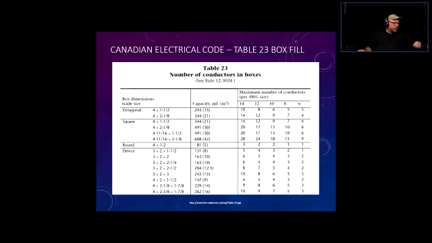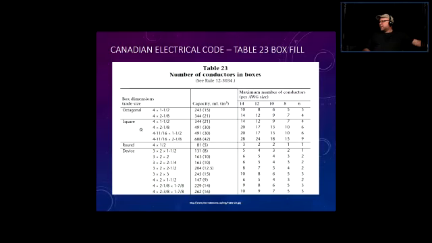Now, keep going here. All right, so here's Table 23, number of conductors in the boxes. All right, now there are different types of device boxes. Box dimensions. So here is the box dimension, trade size. All right. We have the octagonal box, square box, round, and we also have device sizes.